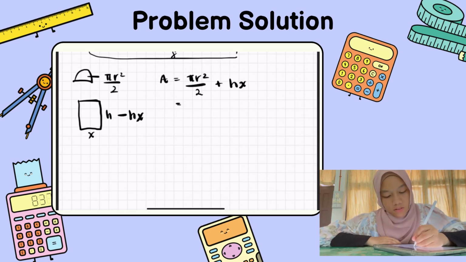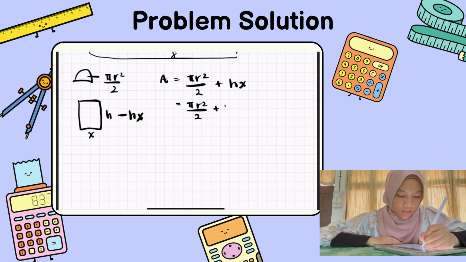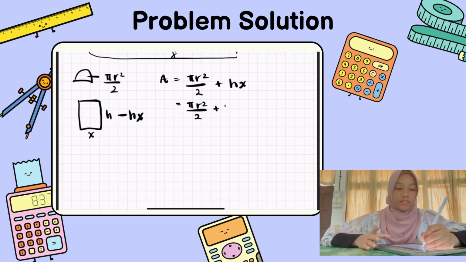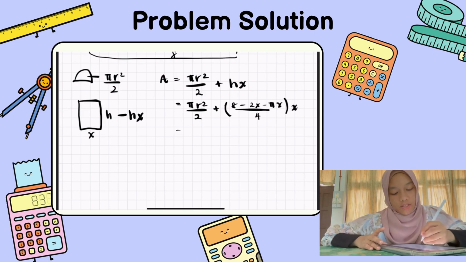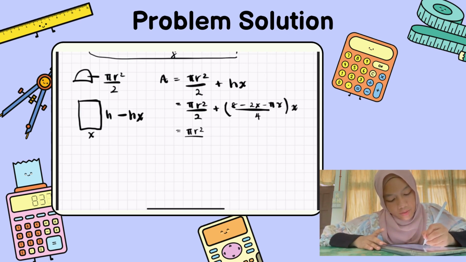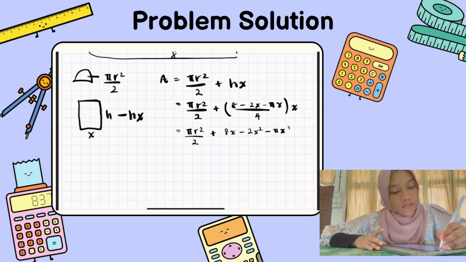We already have h, so just insert the equation: 8 minus 2x minus pi x over 4 times x.